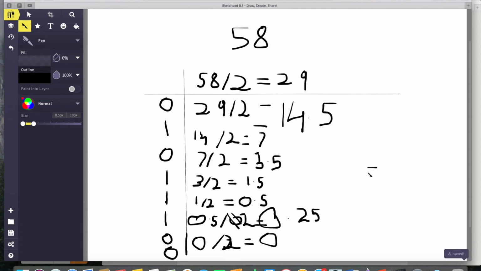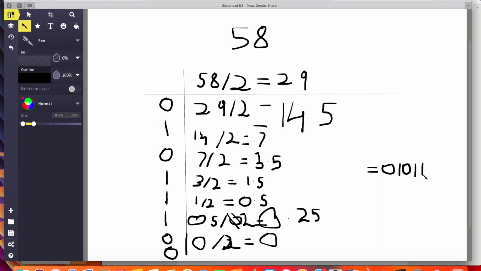Now I get the answer. I read it from downwards to upwards. Oh, sorry, this is wrong, because I am intentionally writing it backwards, so you guys know this is wrong.